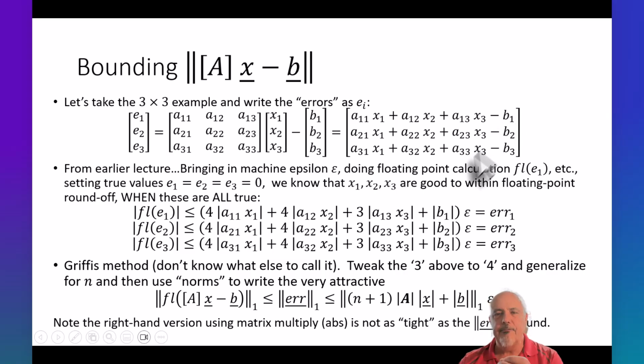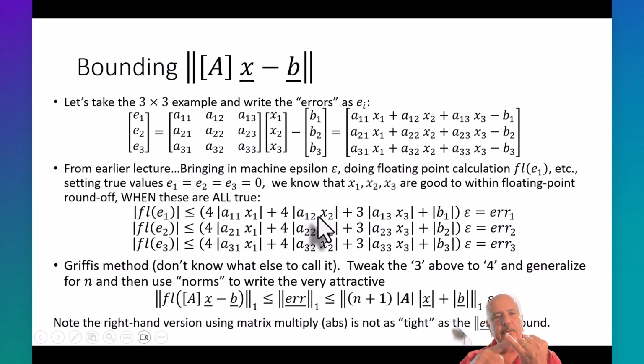Well, b1 is only involved in that very last thing, so it's only got the one operation. This product here, you're going to have the multiply, plus the add to the previous, and then it's involved in that subtraction with b. So there's three operations that this particular term sees, whereas the very first terms, the A11 times x1 and the A12 times x2, are actually going to see four things.